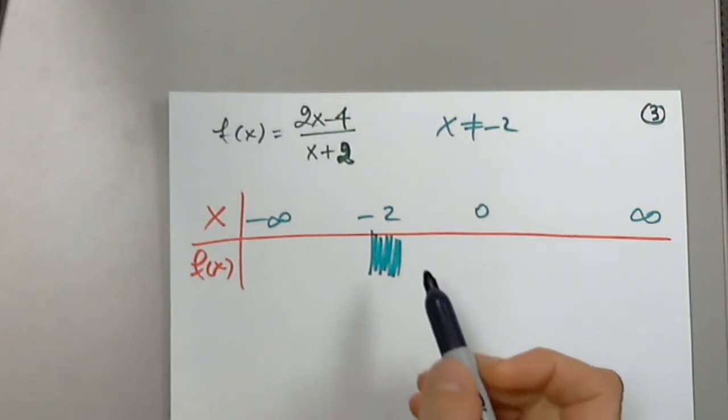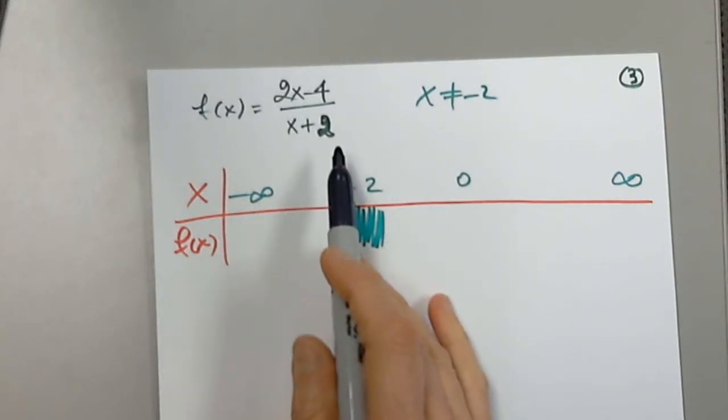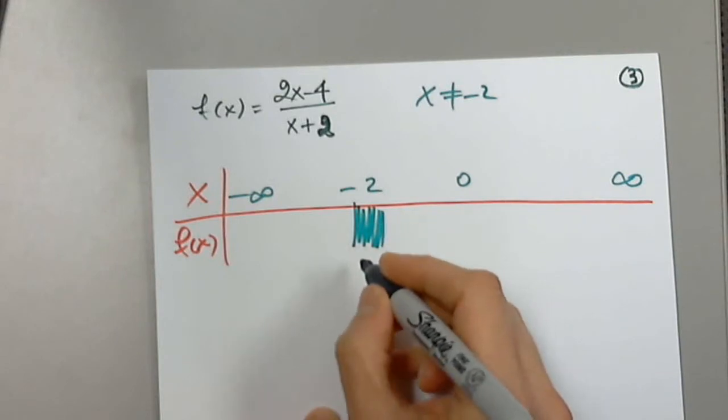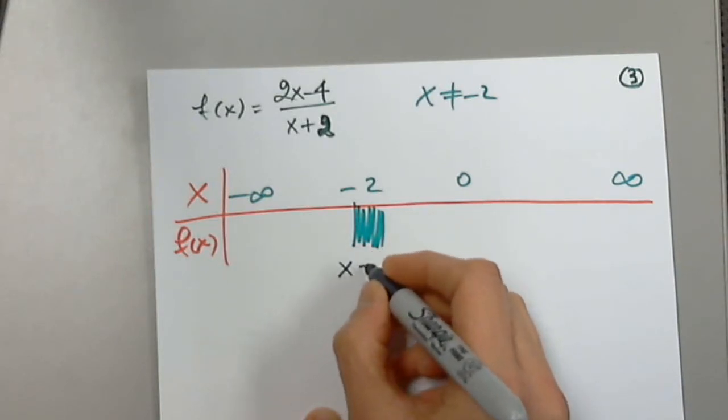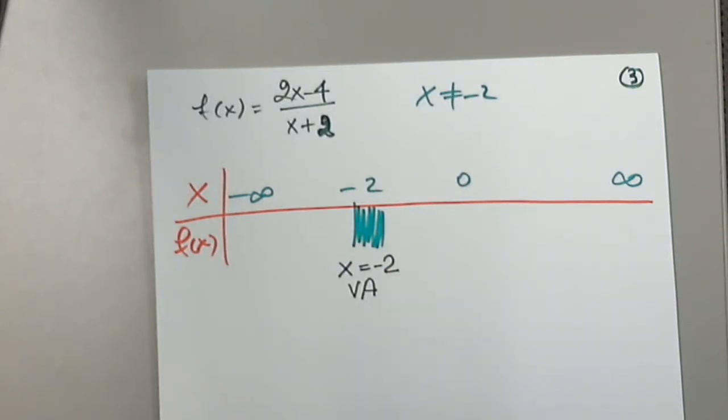So once I establish that -2 is a value that the function is undefined at, and I put this symbol, or undefined, I will write immediately that x equals -2 is a VA. So if a rational function is undefined at an x value or more than 1, in this problem, this function is undefined only at x equals -2. At that point, the function has a vertical asymptote.